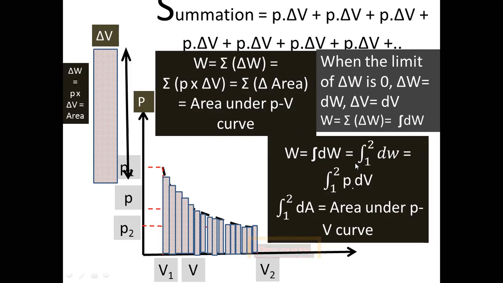So sigma delta V can be written as an integration of P times dV. Sigma delta W can be written as integration dW.